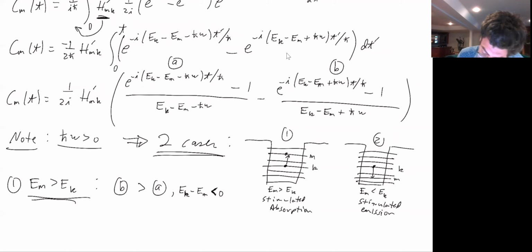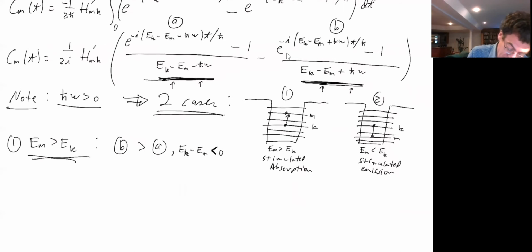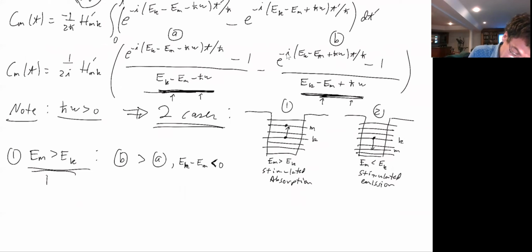Because that number is negative, in term B we have a negative number plus a positive number, and so the denominator is smaller. Whereas in term A, we have a negative number plus another negative number, and so that denominator is bigger. So the denominator is smaller in B, and that means we get to ignore A.